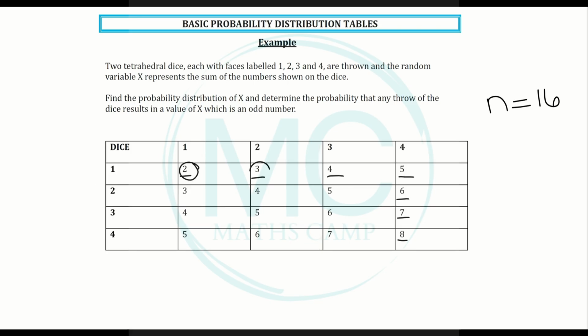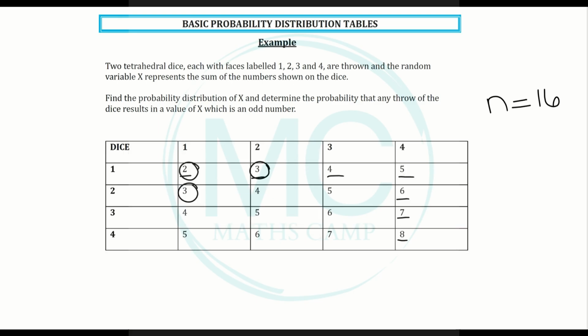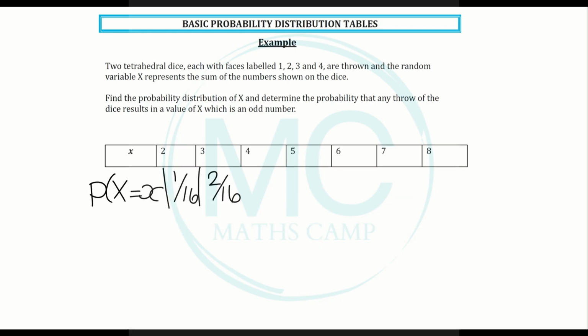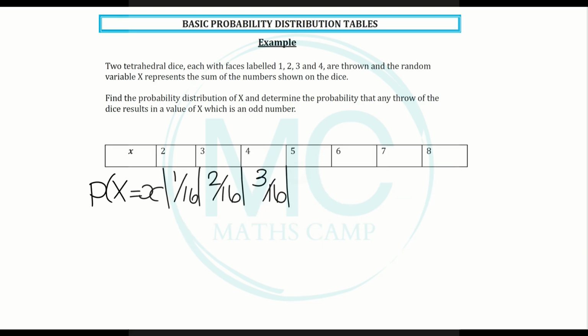So let's look for probability of 3. I have 1, 2 3s. So the probability of 3 is 2 over 16. Let's look for 4. 1, 2, 3. Probability of 4, 3 over 16. Look for 5s. 1, 2, and 3, and 4 up here. Probability of 5 is 4 over 16.